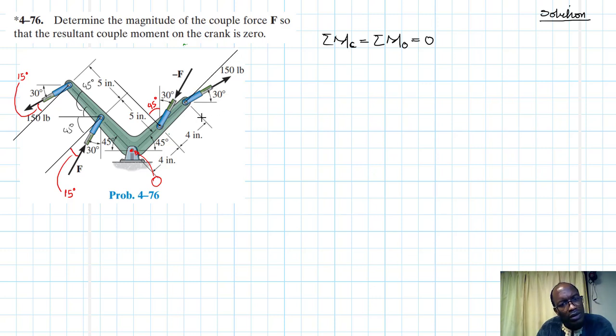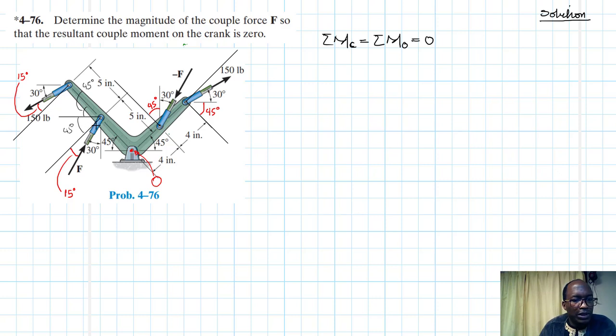This angle here is 45, so I'll map this also here like this. With all this information, we can go ahead and start doing the mapping.